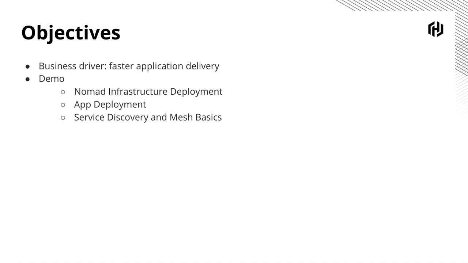Number two is the app deployments. We're going to be deploying some sample layer 7 apps, just so that you can see how we can do some routing capabilities around those, so that you have the options to do, let's say, a canary deployment or an A/B testing deployment as well.